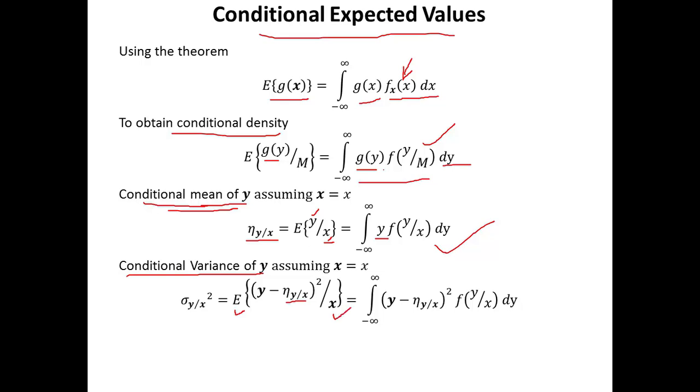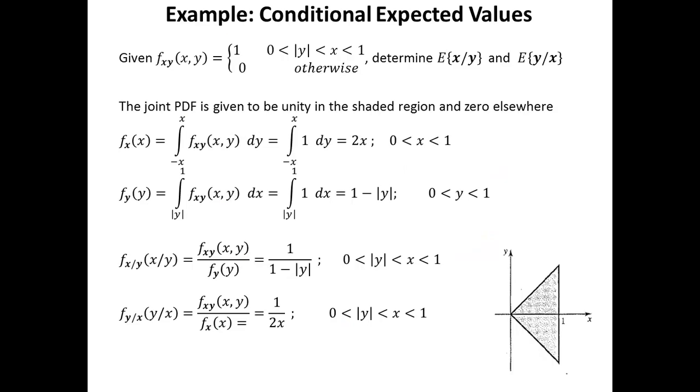Using this formula, it equals the integral of y minus eta y by x whole square, multiplied by the conditional density function f y by x, integrated with respect to y from minus infinity to infinity. We are again going to utilize all these formulas in solving this example.